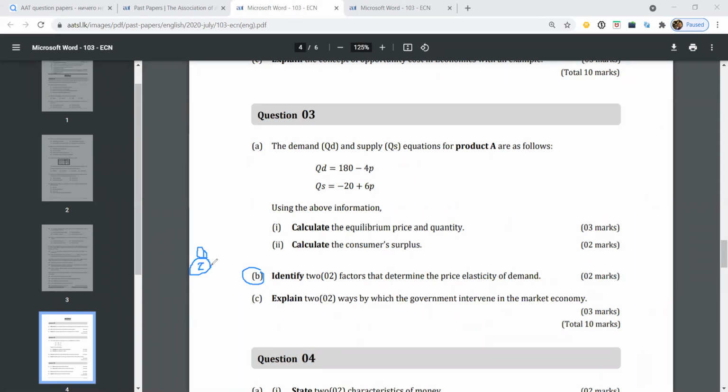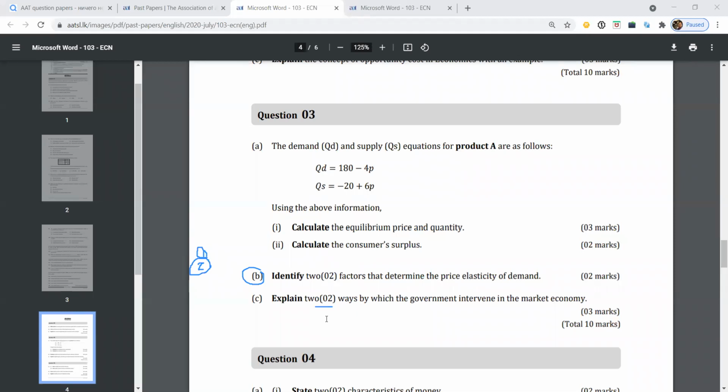Next one, explain two ways by which government intervenes in the market economy. Two ways, we can say taxation, subsidies. Imposing taxes, providing subsidies, then imposing maximum price control, imposing minimum price control.